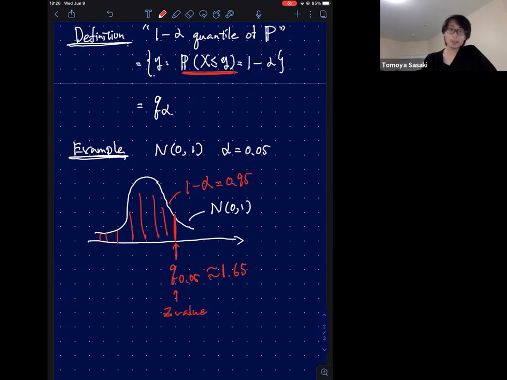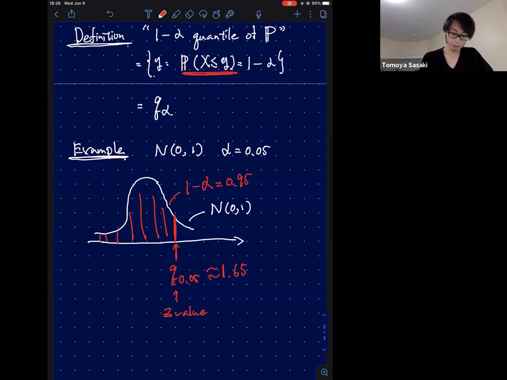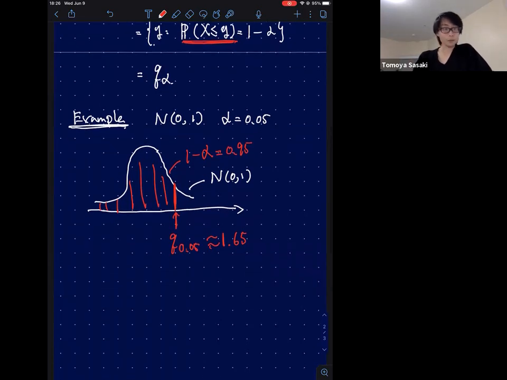There is some slight difference in how people express this quantity, but in this lecture we define this as the quantile. It's out of scope of this lecture, but in this course we say it's the quantile. Do you have any questions for this example? Can I go ahead?